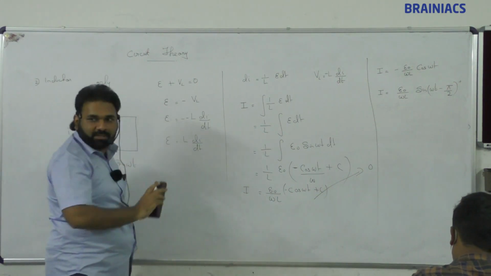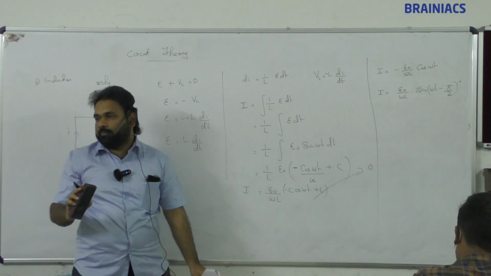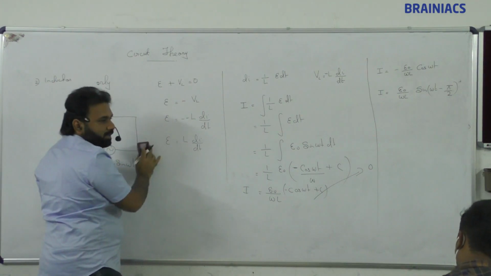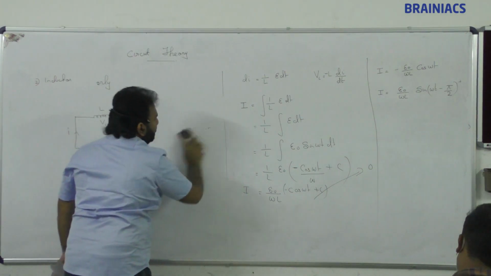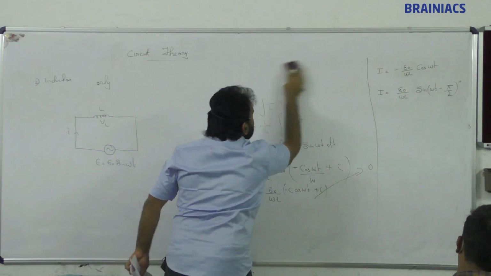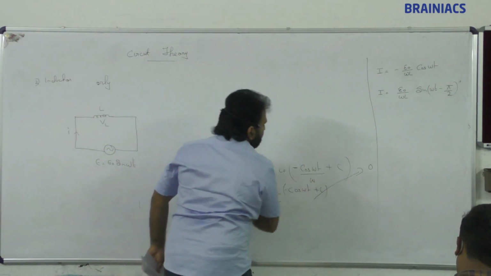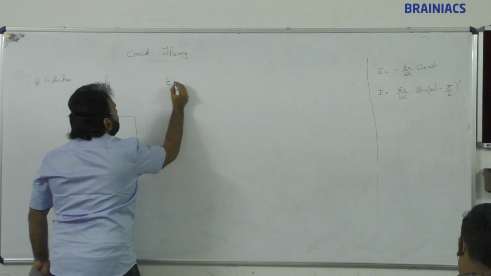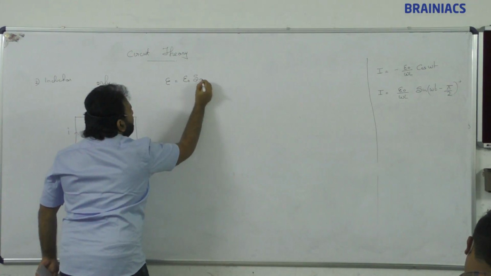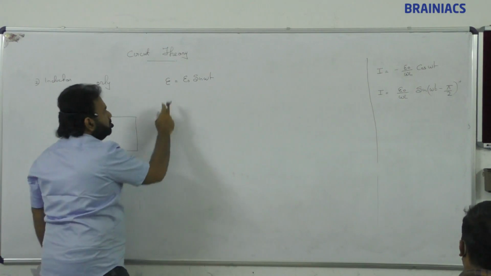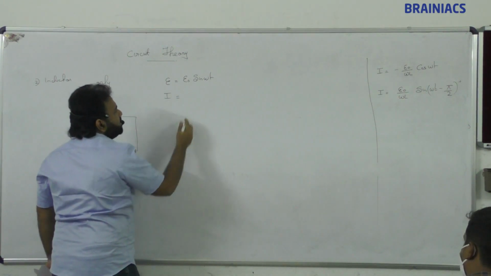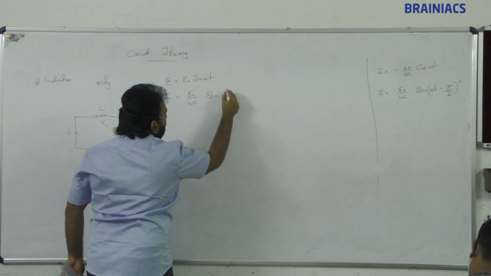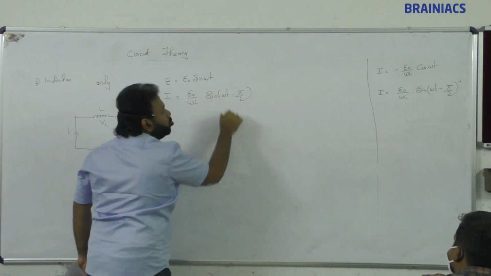All these things are for your understanding; you need to remember all this. This will be helpful somewhere, but the crux of the discussion is the following: when the source is E is equal to E naught sin omega t, I am getting the current I is equal to E naught by omega L sin omega t minus pi by 2.